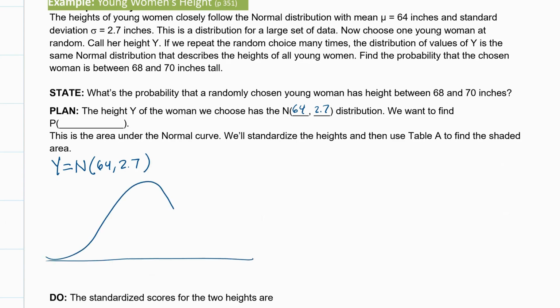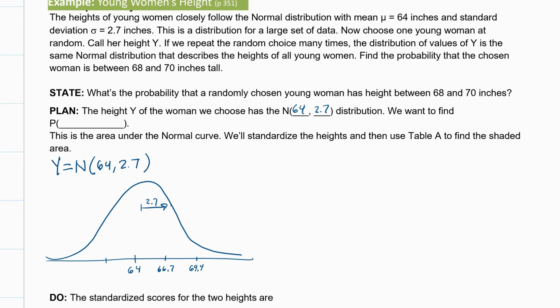Here's a not too bad normal distribution drawn out with a mean of 64. This distance from the middle to the point of inflection is 2.7, which means that this is 66.7. Another standard deviation up will take me to 69.4, I think.